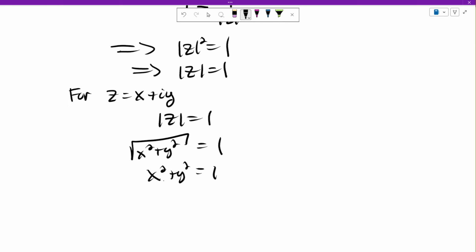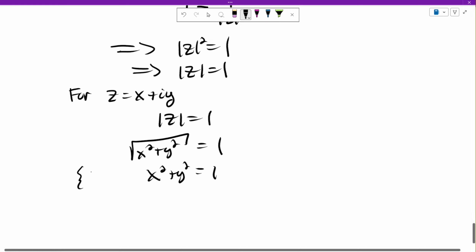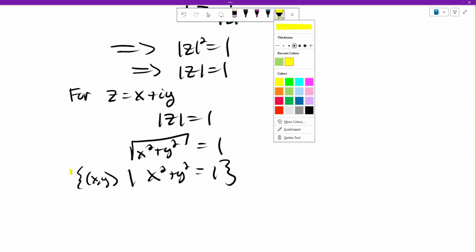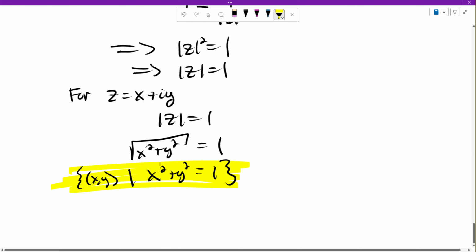Now, x squared plus y squared equal to 1 is, of course, the solution set. So we have two ways of expressing this. It's the xy's such that x squared plus y squared is 1. That's one way. Or it's the z's such that modulus of Z is 1. That's another way.